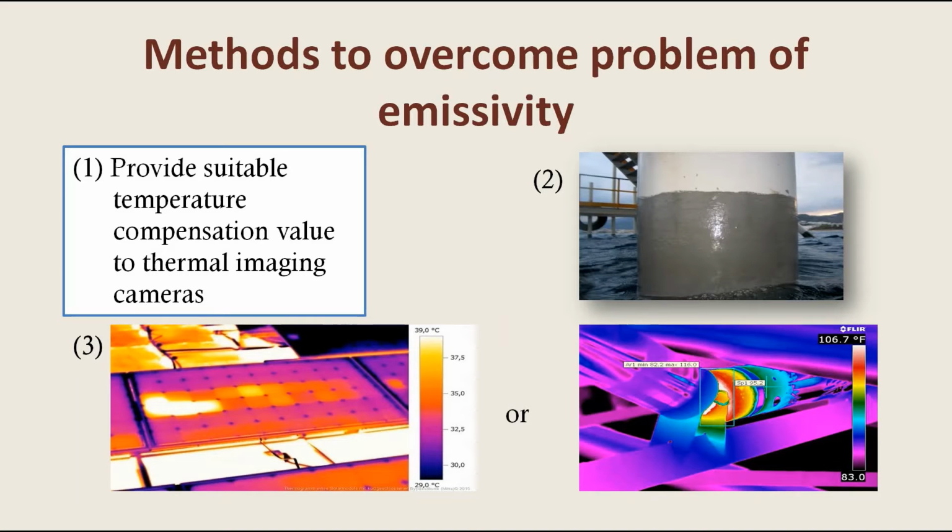This value is utilized by the signal processor of the thermal imager to correct the temperature measurement value. Another method is to paint the surface of a low emissivity object with a high and constant emissivity coating. But this is not a feasible method on all manufacturing plants or buildings if the object is placed at an inaccessible region.